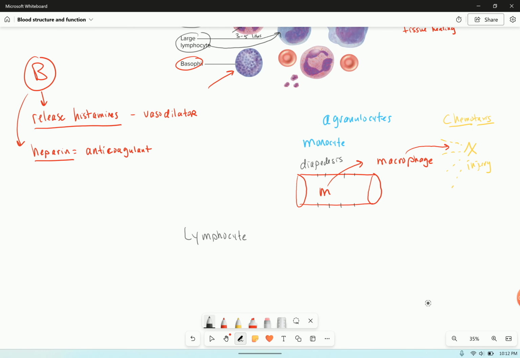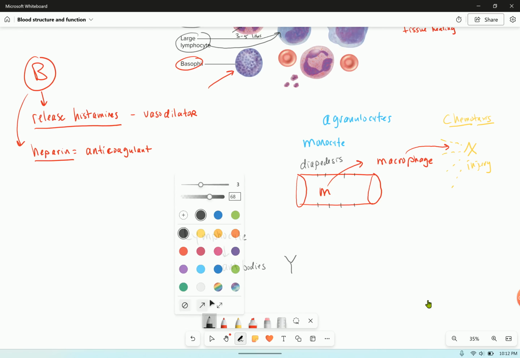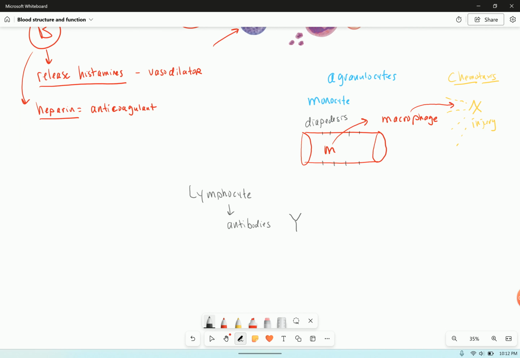A lymphocyte is going to produce antibodies. Those are Y-shaped proteins, and that is a very powerful part of our immune system, part of antibody-mediated immunity.